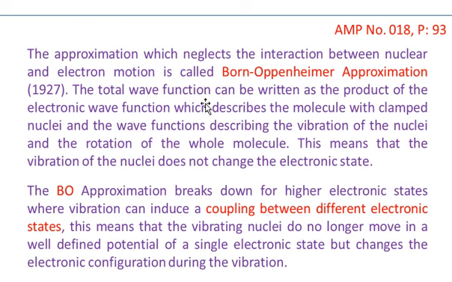The total wave function can be written as the product of the electronic wave function, which describes the molecule with clamped nuclei, that is the rigid model of the molecule, and the wave function describing the vibration of the nuclei and the rotation of the whole molecule.